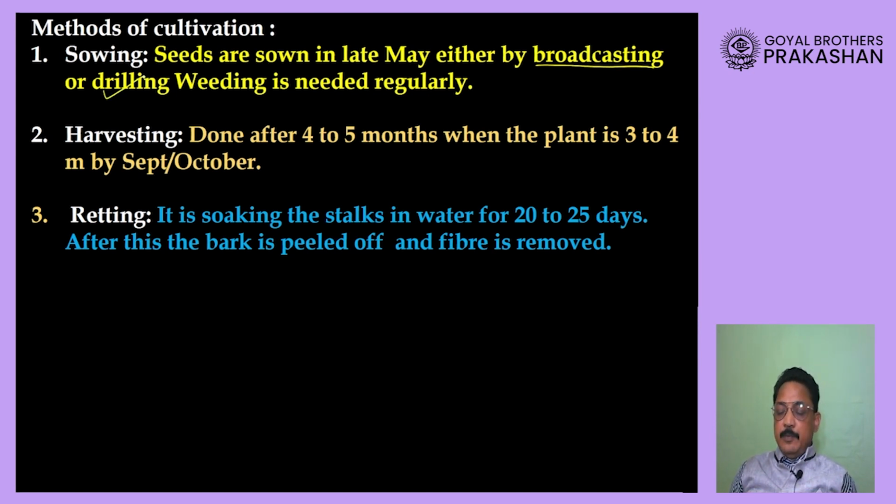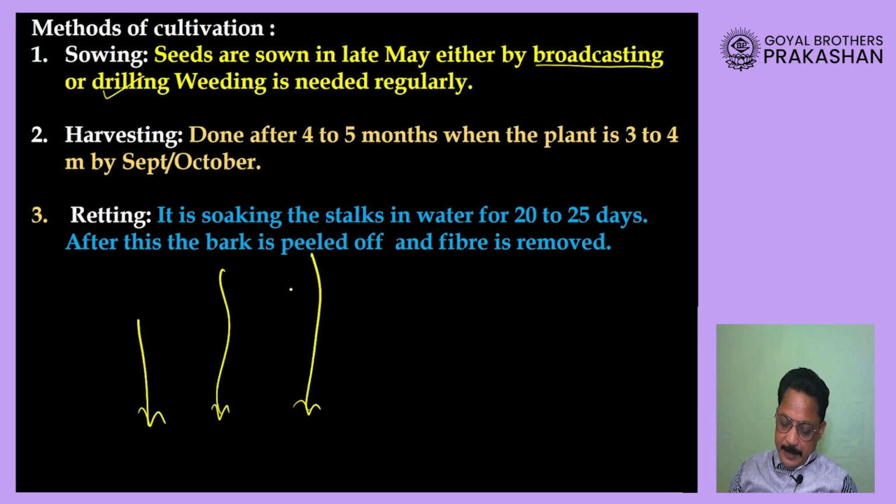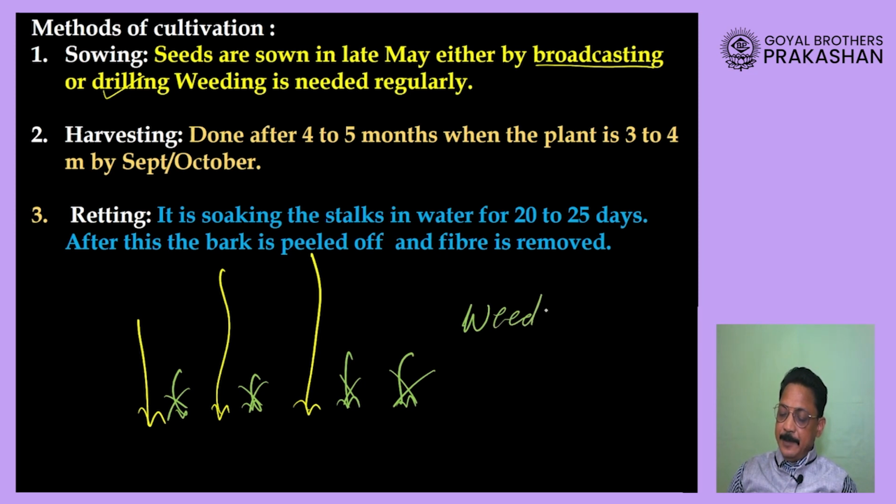And when this crop is growing, now please understand, suppose this is a jute crop, and in between this jute crop some unwanted grass begins to grow, then cutting and removing this unwanted grass is called weeding.